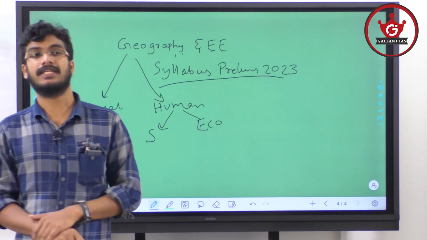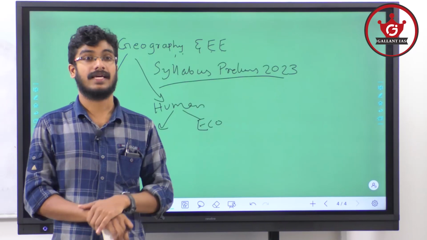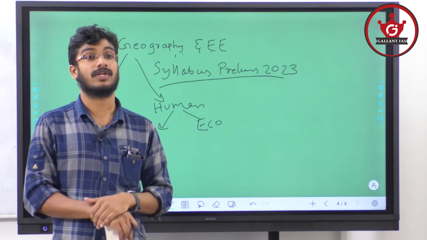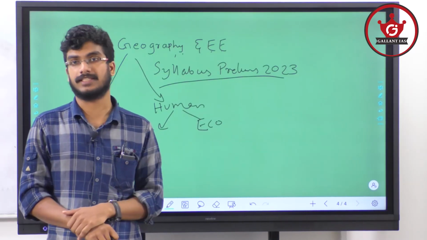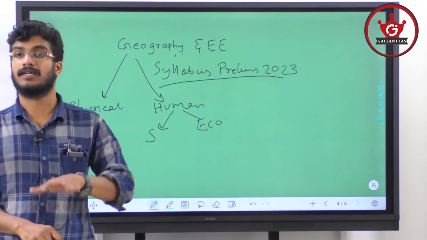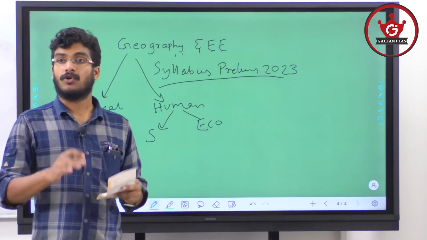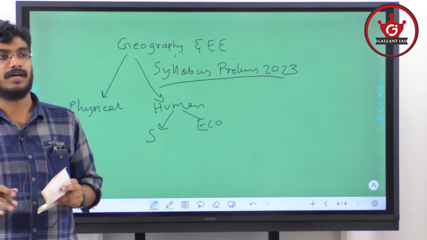One more thing to note is that the questions they are asking are interlinked, like they will be linking with technology or with environmental aspects. So you can see the overlapping of different sections or syllabus topics. So you cannot completely say that is core geography. There is an overlap.